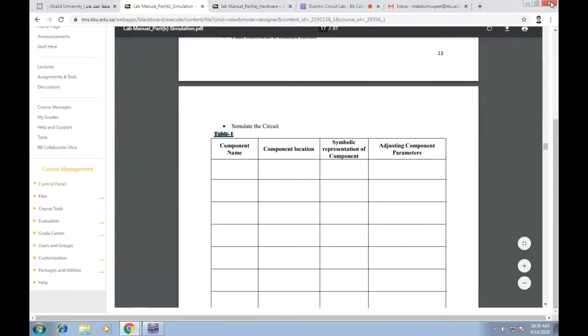This one from the lab manual. Do you mean table number one from the lab manual? You mean, for example, this table?